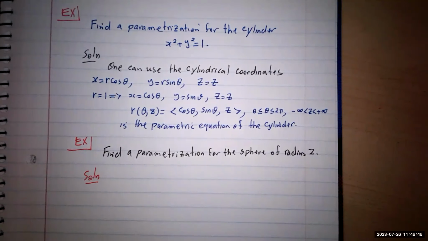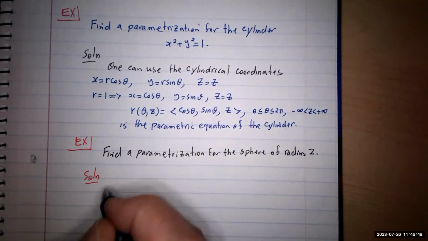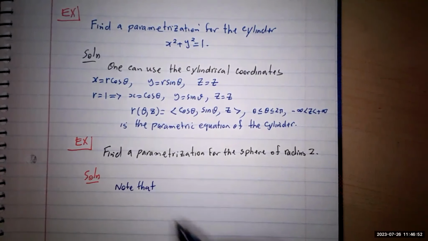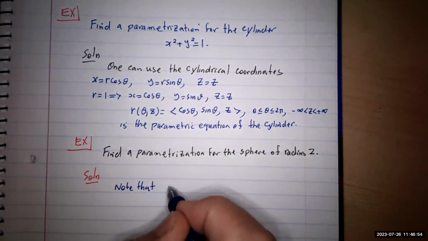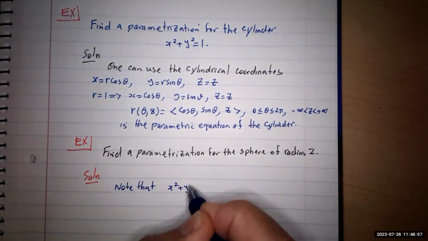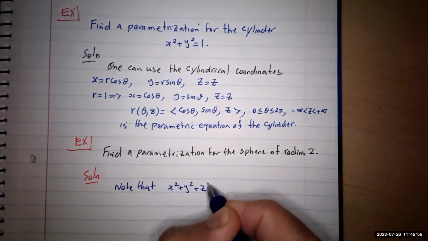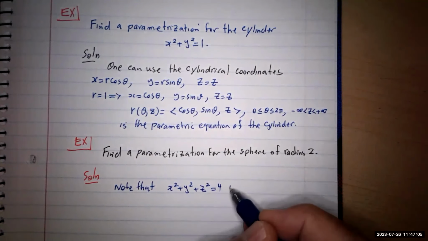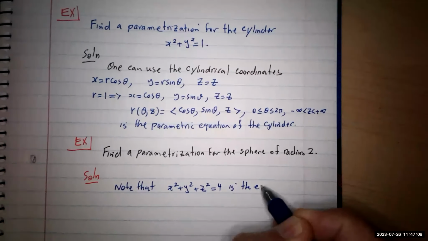So the original equation is what? Note that in this case, your equation is x squared plus y squared plus z squared equal to 4. And this is the equation of a surface.